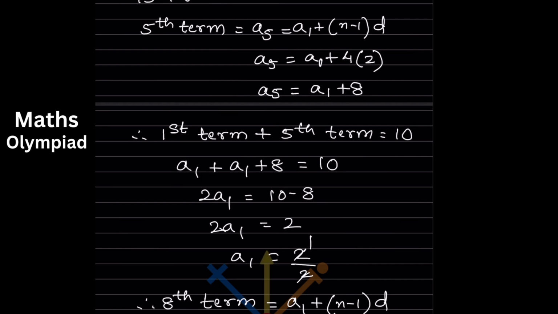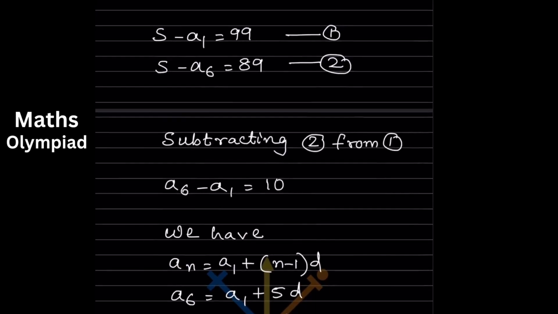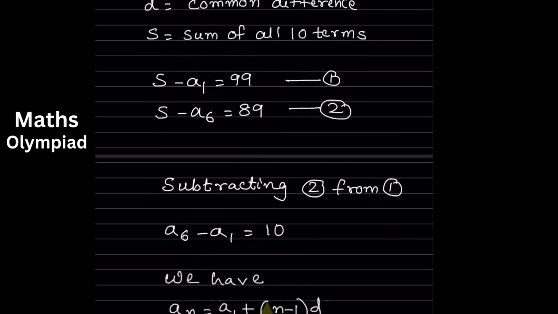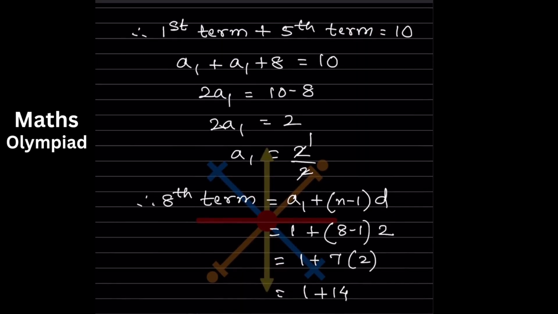So now we want the 8th term. Can you see here? Find the 8th term of the progression. So how are we going to write this? AN is A1 plus N minus 1 into D. This will be the 8th term. So A8: wherever you see N, you write 8.